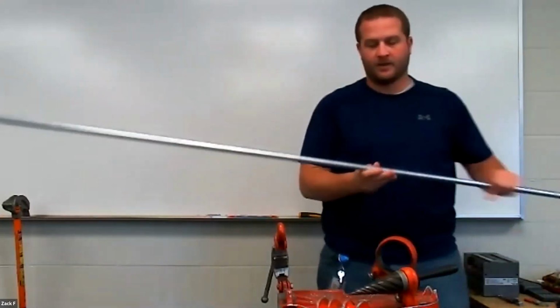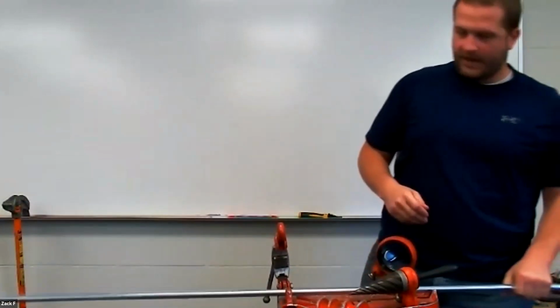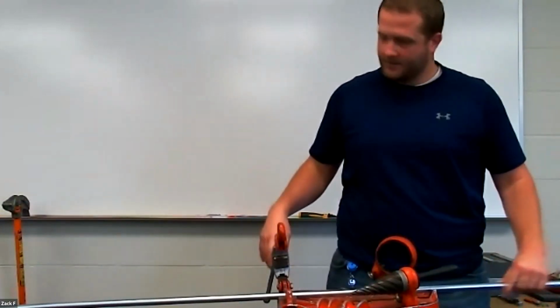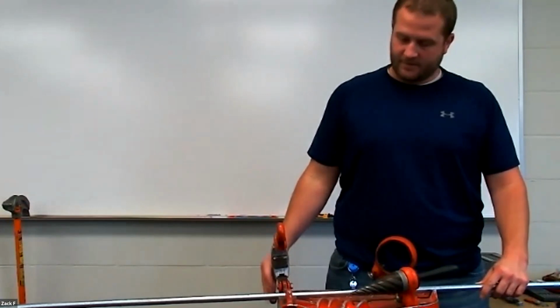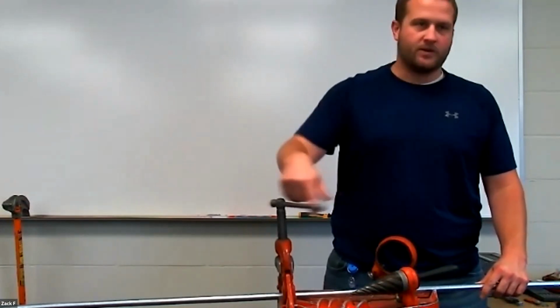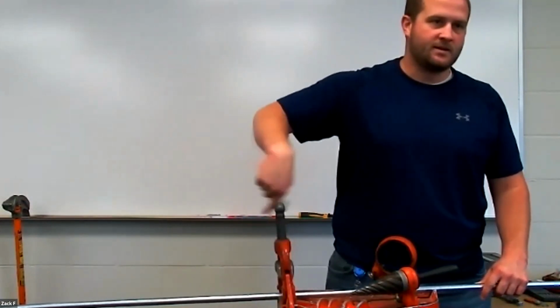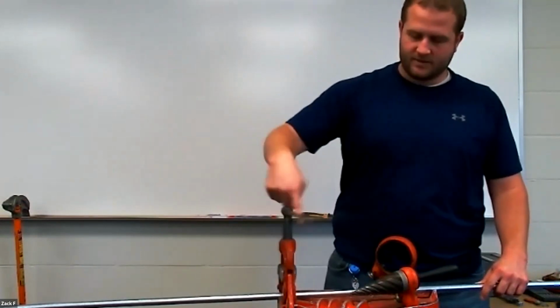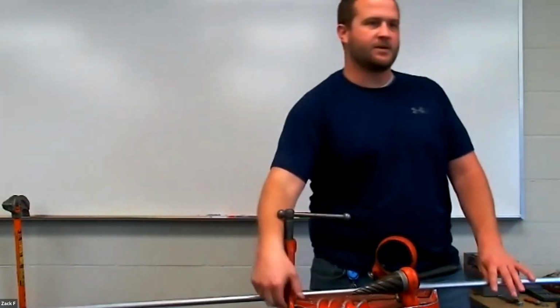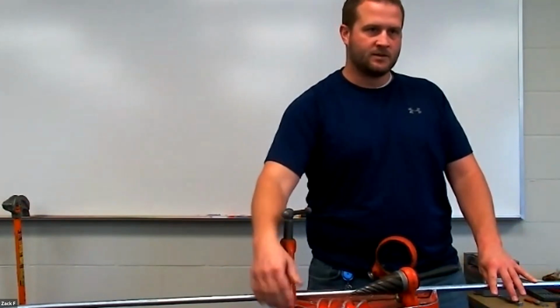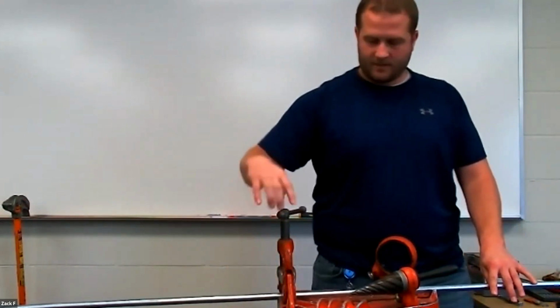Oh yeah, it's a hacksaw. I am going to use the hacksaw one time, and then I'm going to use power tools after that because I'm lazy. But I want you guys to use hacksaws. This is pretty self-explanatory. It's got a little doohickey there that's right on the table.